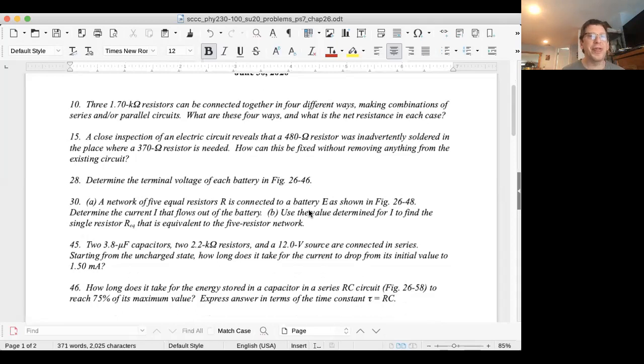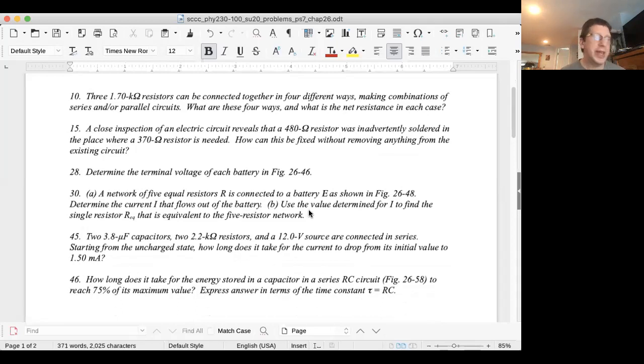Then we get to number 30. A network of 5 equal resistors is connected to the battery as shown in figure 26-48. And so it's fairly complicated looking, but if you go through the steps with Kirchhoff's laws, it's actually going to simplify fairly easily.